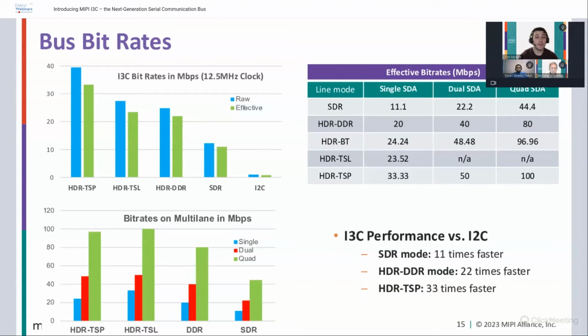And on the bottom you can see that by implementing multi-lane, we can increase that to even higher levels, upwards of nearly 100 megabytes per second, which would be, as you can see, with the quad lane TSL. So this I3C technology gives us much better throughput than we saw in the legacy I2C.